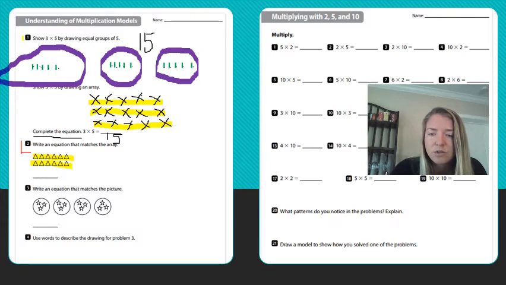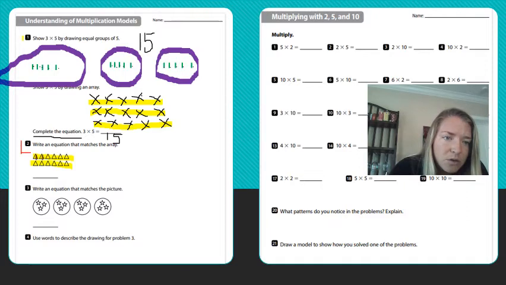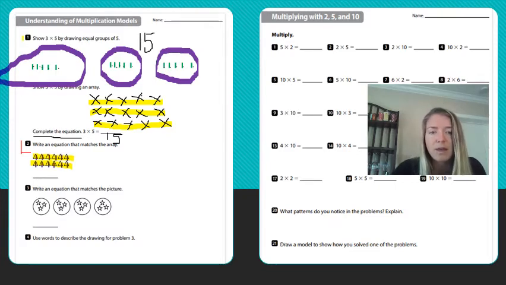I'm going to go through and count. Count with me. 1, 2, 3, 4, 5, 6. And my next row has 1, 2, 3, 4, 5, 6. All right, so both my rows are equal. They both have 6, and I have 2 rows.